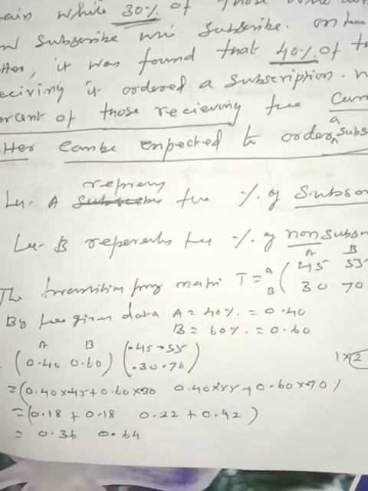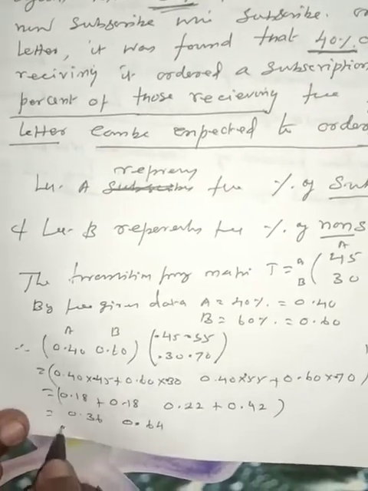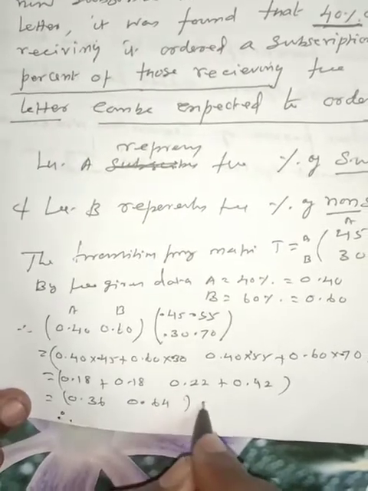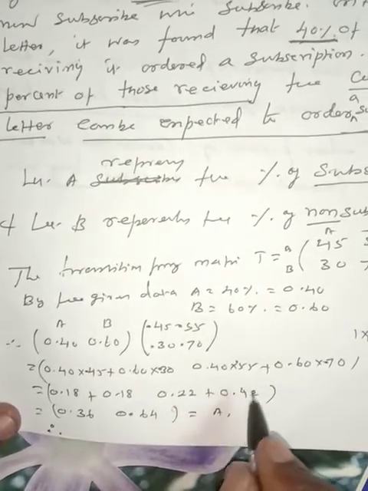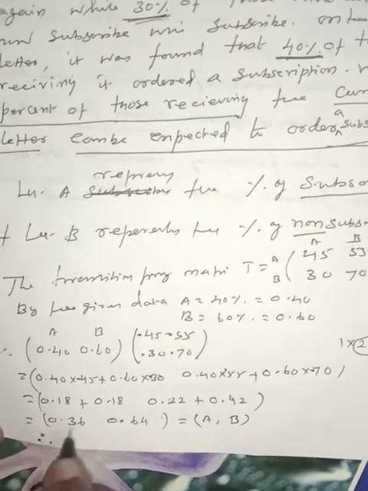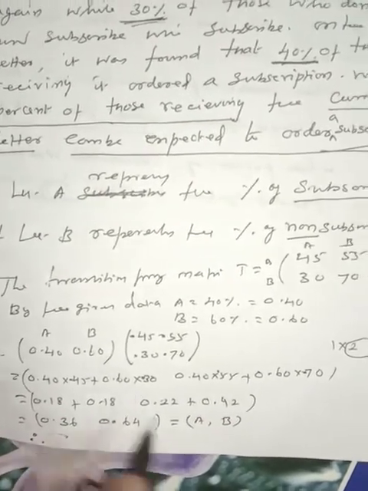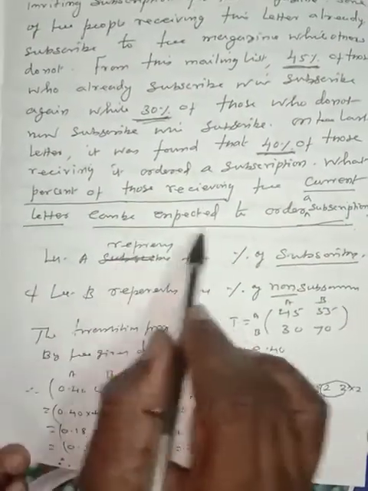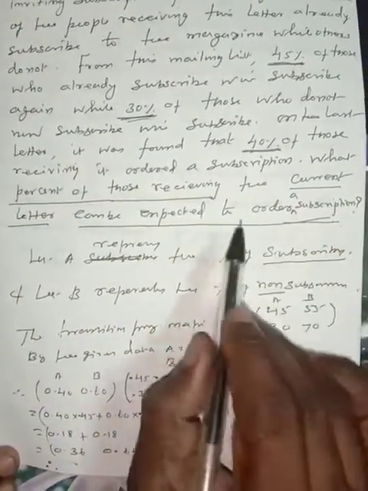So therefore A is 36 percent, and this is B. The question is what percent of those receiving the current letter can be expected to order a subscription.